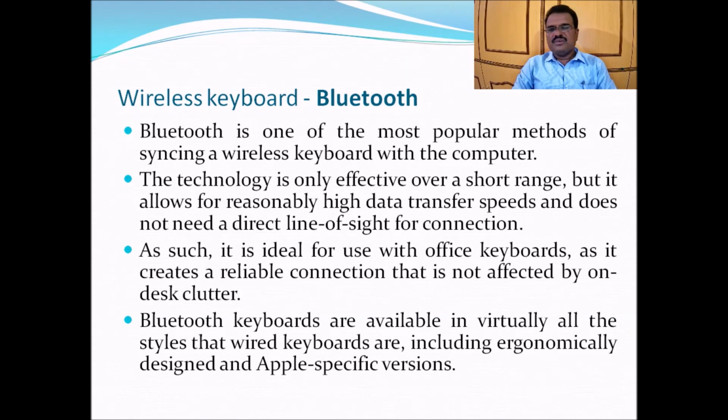Inside the keyboard there are keys. The keyboard generally contains circuitry, a microprocessor, and also three plastic layers. In between two of these layers there is an insulating layer, and the keys are arranged in a matrix.